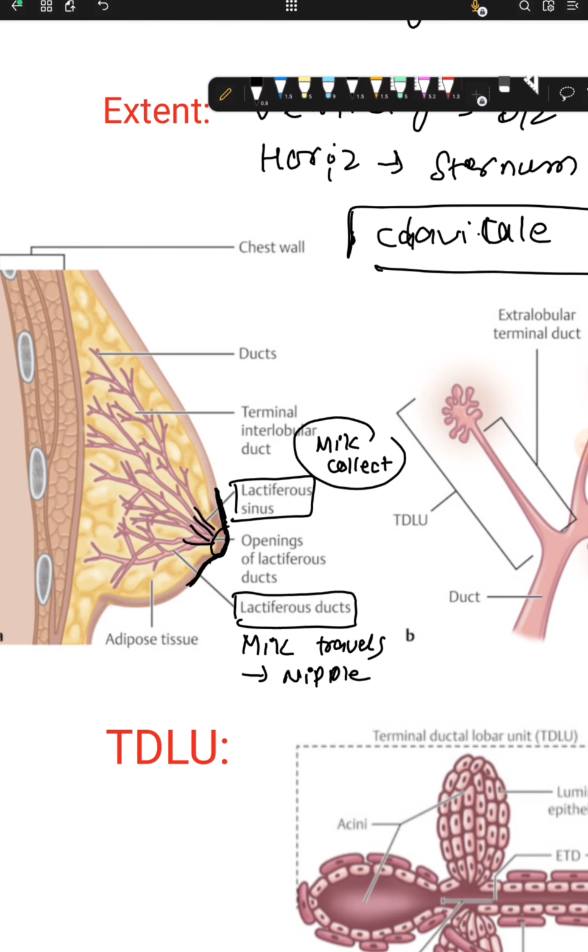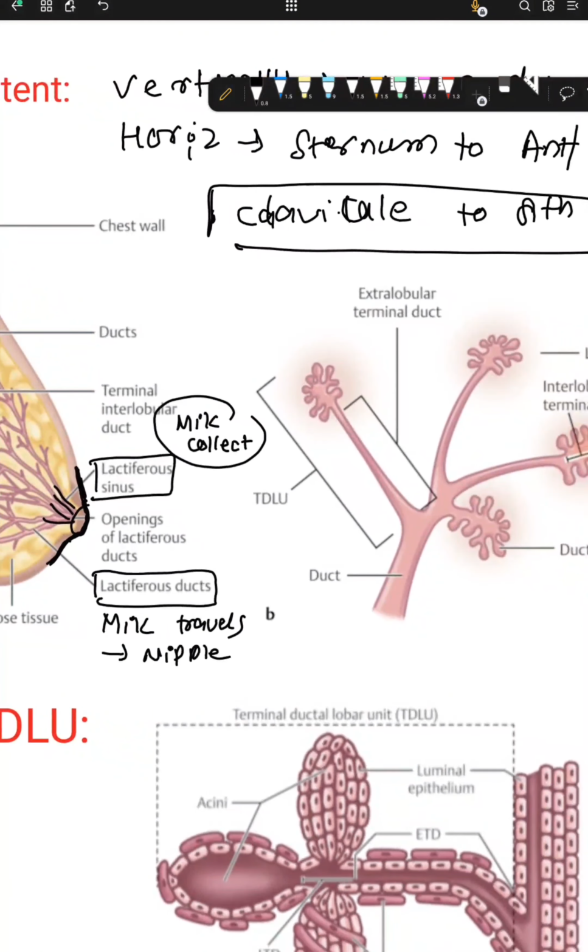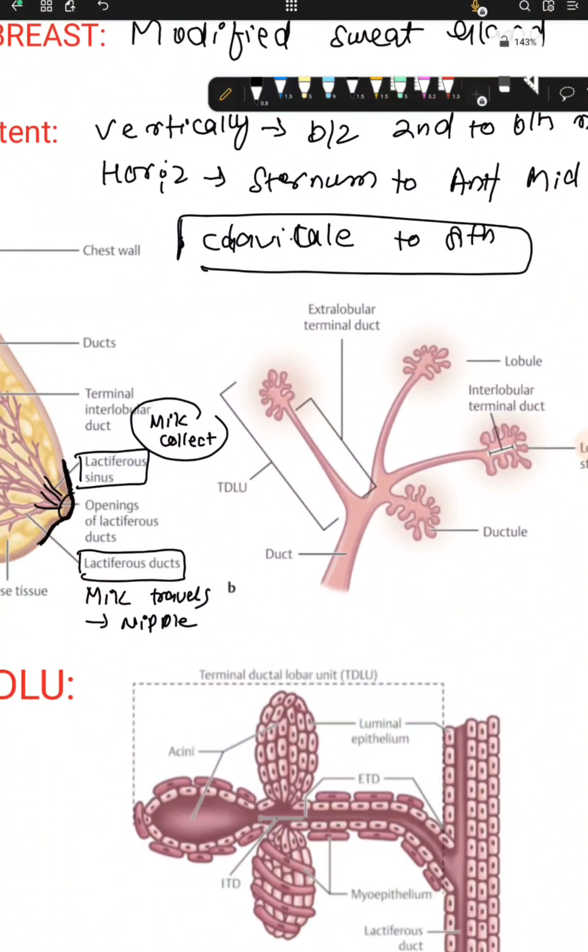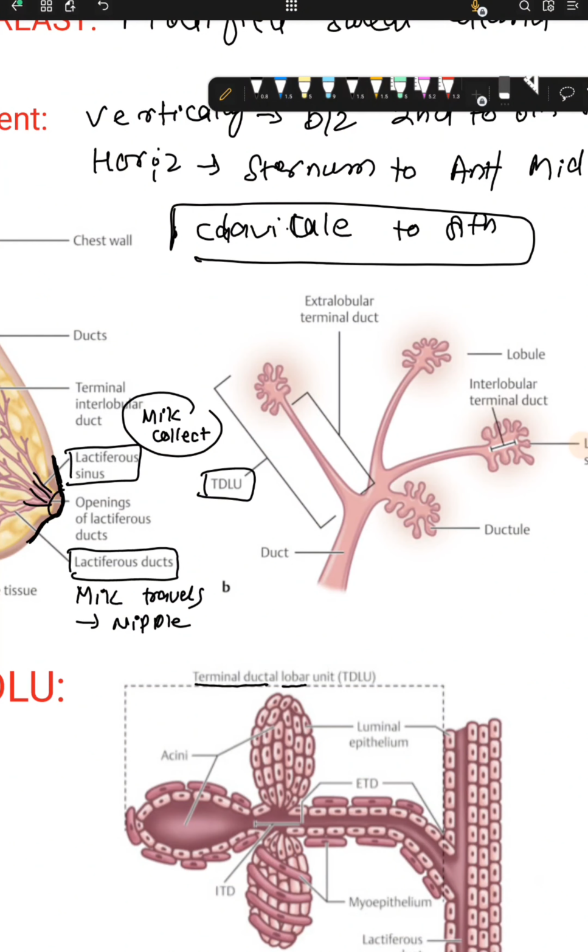So talk about the most important functional unit of this module of anatomy, which is the terminal duct lobular unit, written on the fourth line of the Dogar. So the terminal duct lobular unit is of two types: extralobular terminal duct and the intralobular terminal duct.